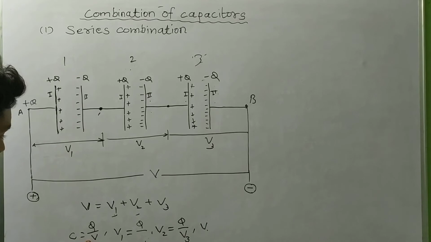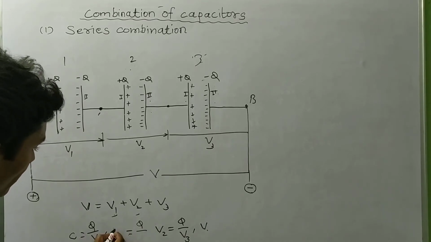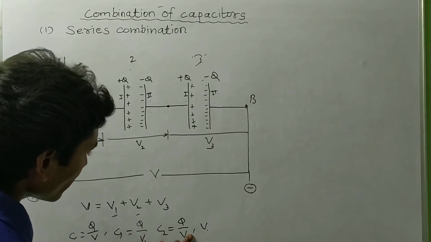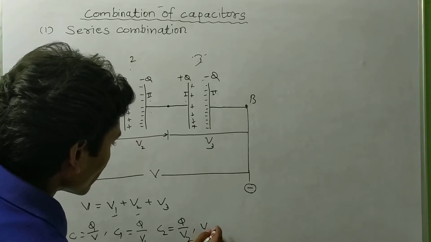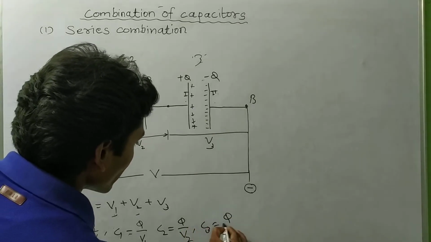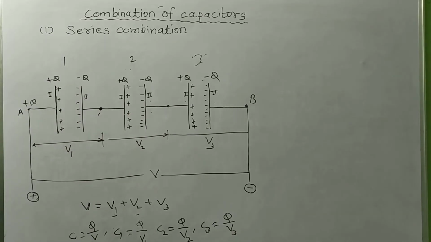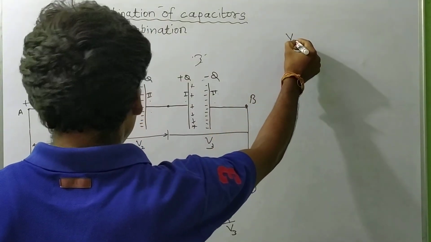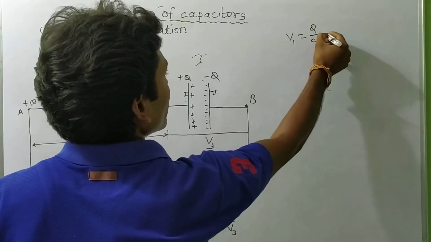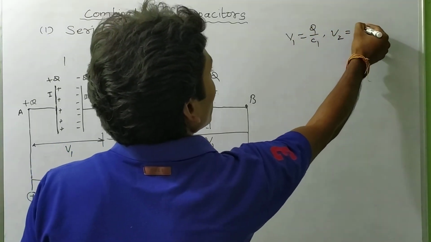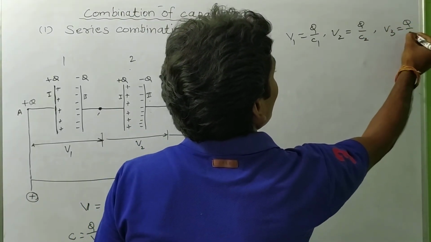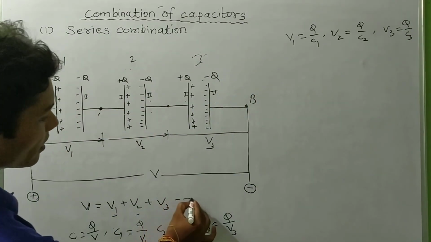We have to find the values of V1, V2 and V3. So V1 will be equal to Q upon C1, V2 will be equal to Q upon C2, and V3 will be equal to Q upon C3. Okay, this is equation first.